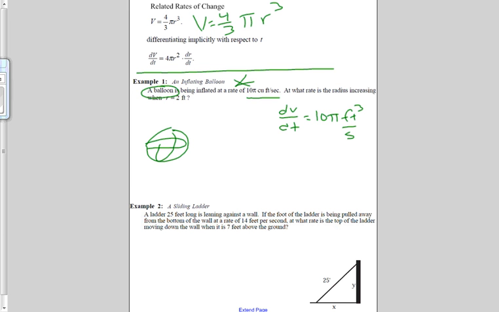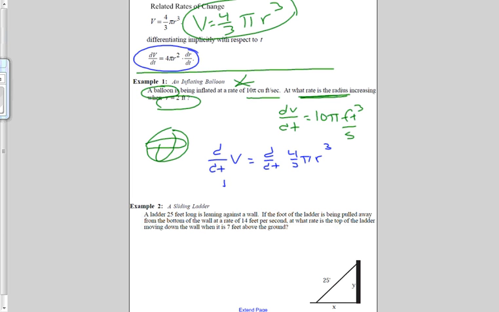As the balloon gets bigger and bigger, the radius is going to be increasing at a different rate. What we want to know is how quickly the radius is growing at the moment when it's 2 feet. So we have this equation for volume that relates volume and radius. Since we want to relate their rates, we take the derivative with respect to time of the left side and of the right side.